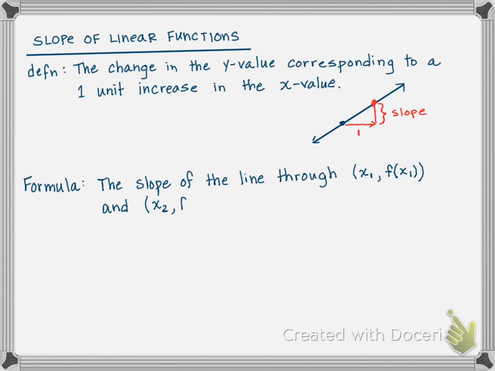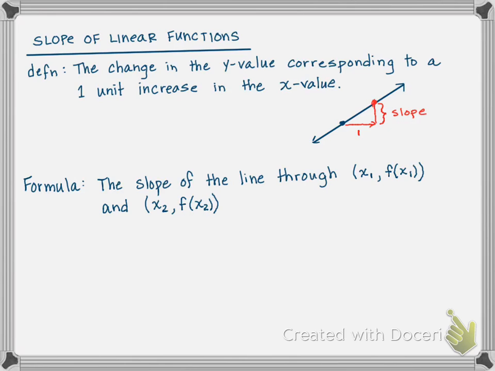So my function with an input of x2. And if you're not familiar with it, those subscripts, the 1 and the 2, they're just labels. They don't mean anything mathematically. Like, you're not doing any operations. They're just distinguishing the first point from the second point.